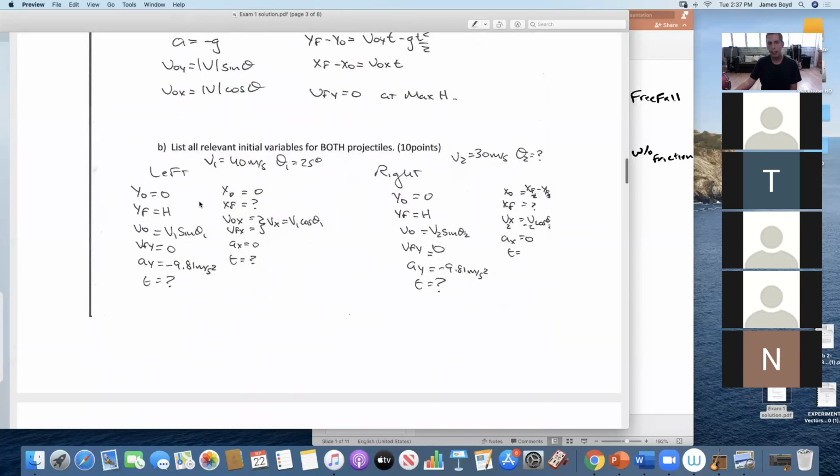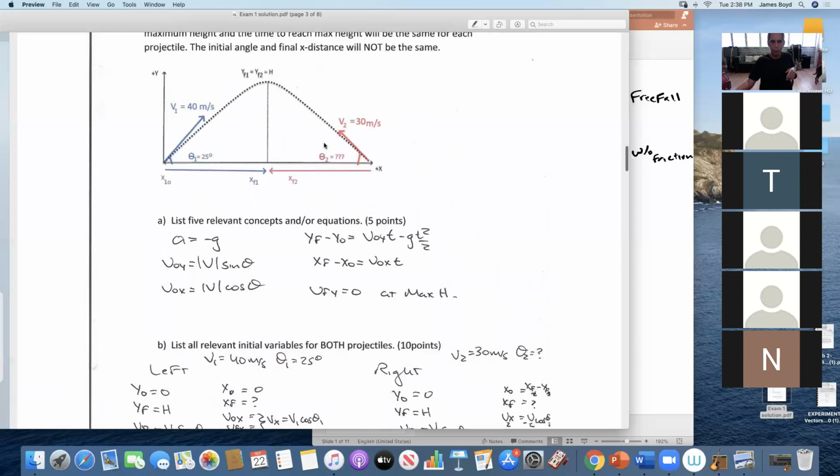So this set is the equations for max height for the left and the right side. And you can see that I put y final was h for both of them, y initial was 0 for both of them. v initial on the right was v2 sine theta 2, v1 sine theta 1 for the left. I know you guys can see all of this.